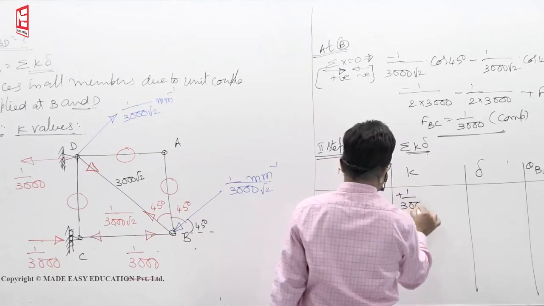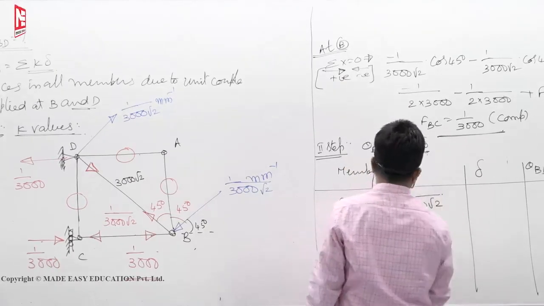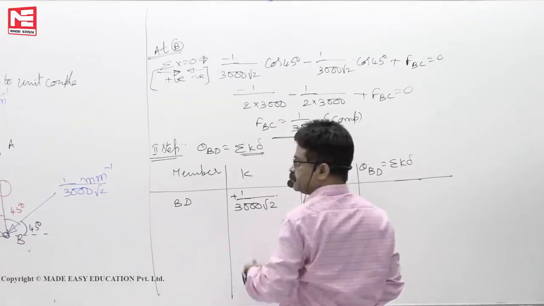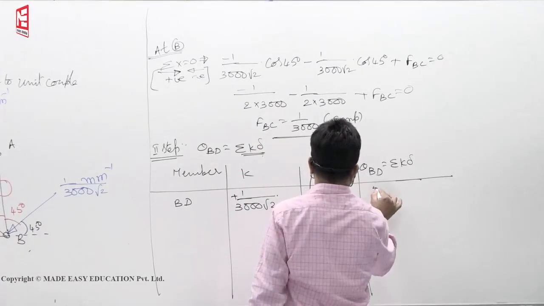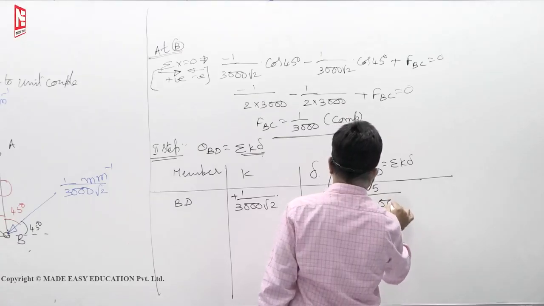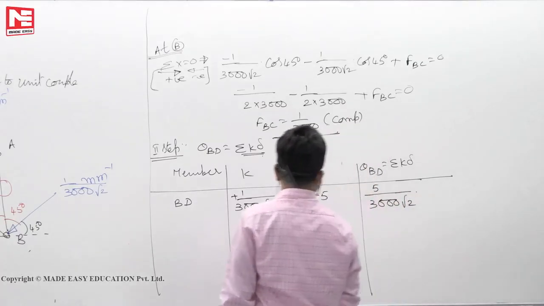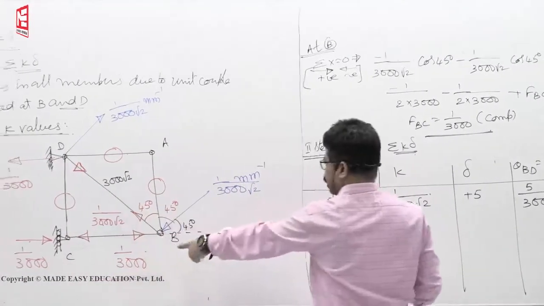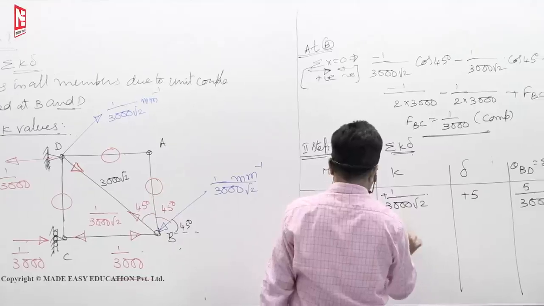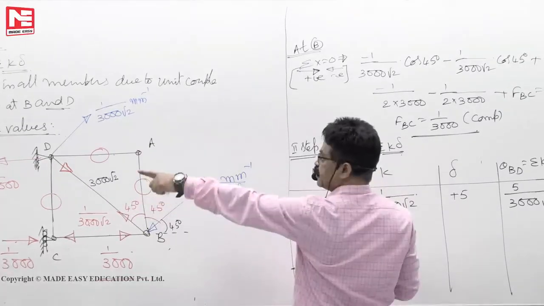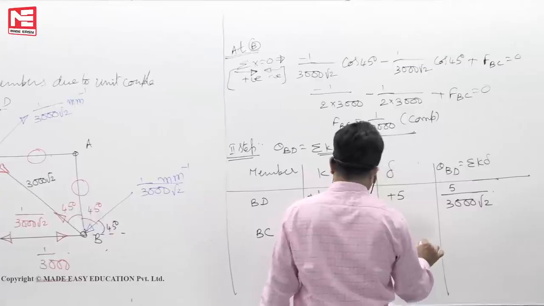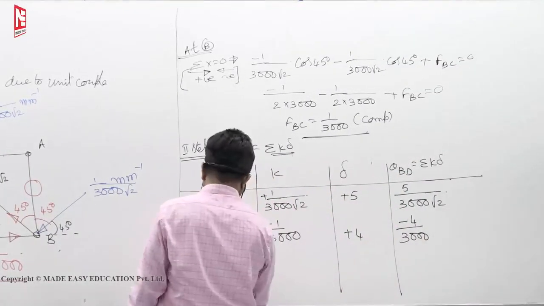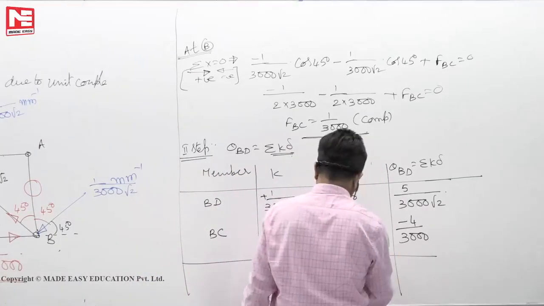So plus 1 by 3000 root 2, delta plus 5. So you will get 5 by 3000 root 2. Next, BC member, K value towards the joint, so minus 1 by 3000. This is plus 4. So finally you will get minus 4 by 3000. For all other members, delta is 0, that K value is 0, so we don't have to write.